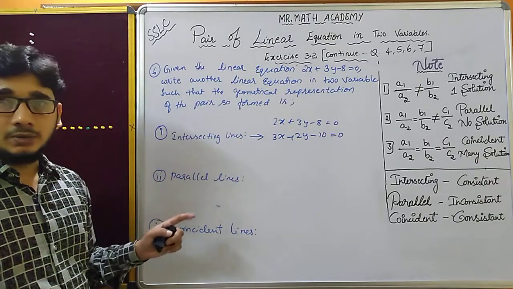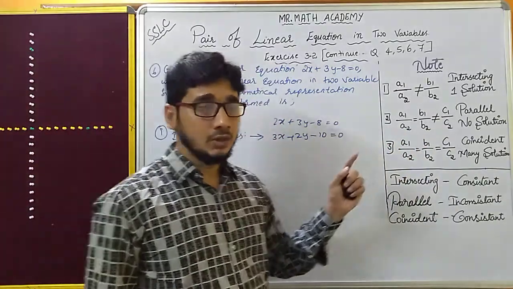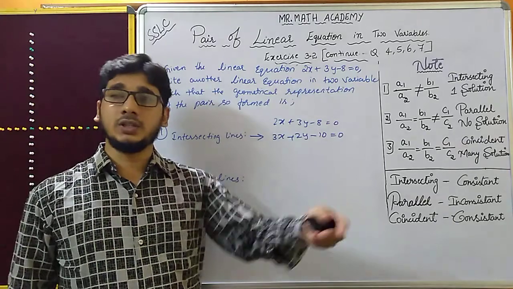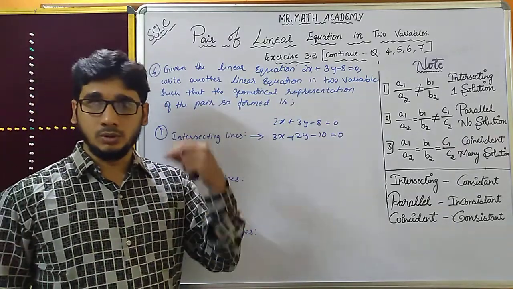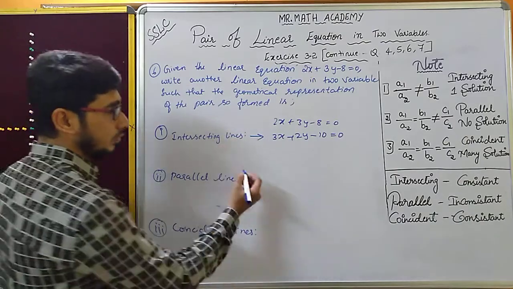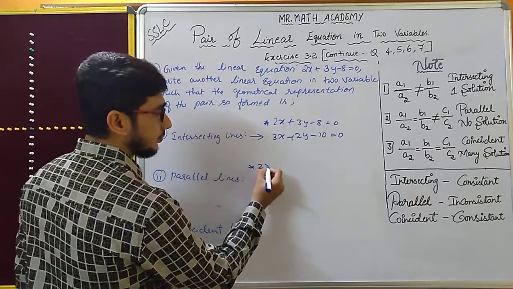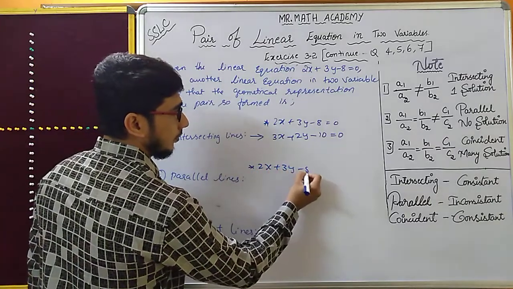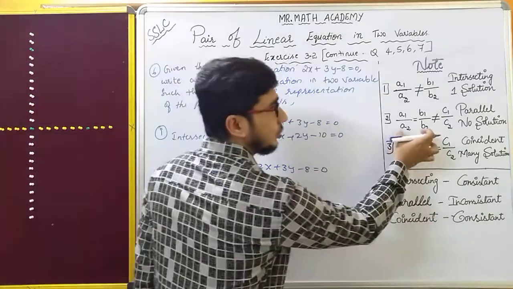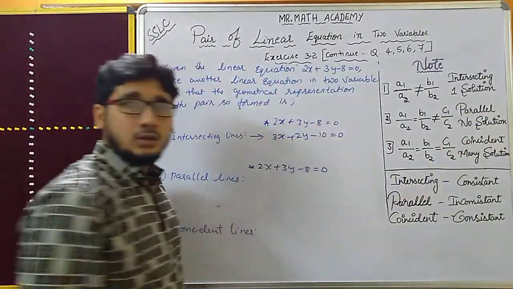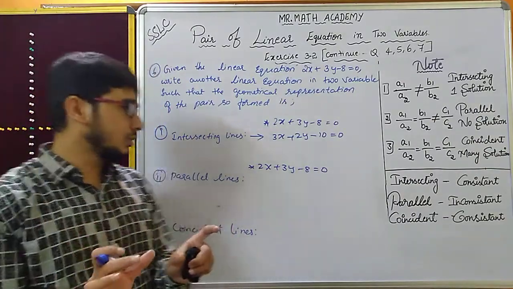Next, parallel lines. Parallel means the first two should be the same ratio. So what you have to write? You take a multiple of those numbers, whatever they have given. I will consider this equation. Just multiply any number for the two numbers.